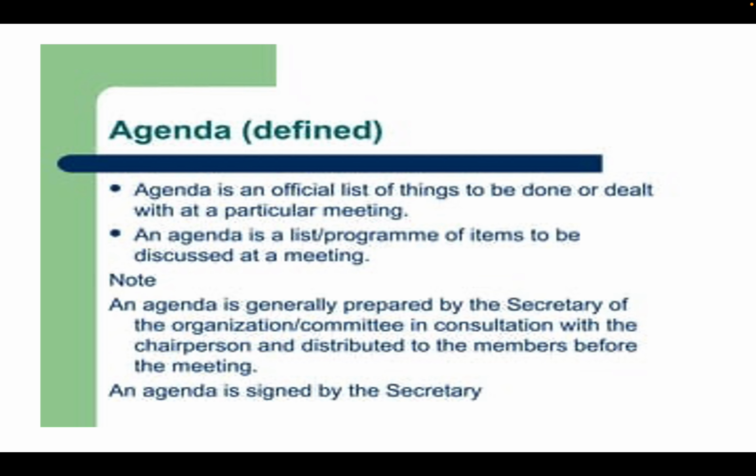Generally the secretary of the organization or committee, in consultation with the chairperson, prepares it and distributes it to the members before the meeting. So it is written by the secretary and signed by the secretary too.